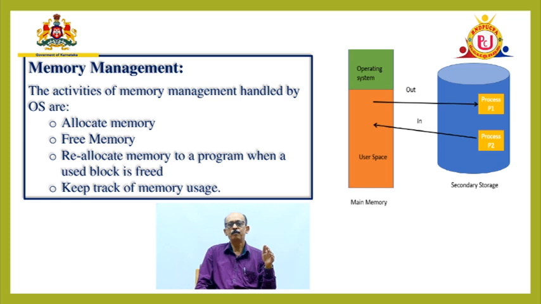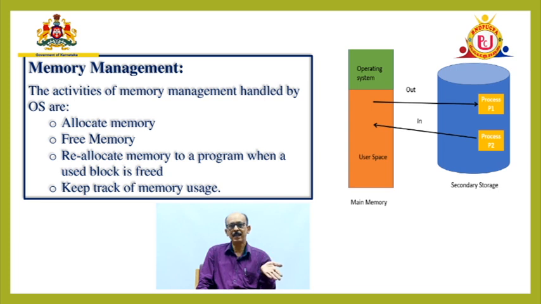The sleeping job should be sent out of the main memory because another job will be waiting for execution. To store that job, it should free this main memory space. That is why this process is performed by the operating system. We call that the swapping process. Swap in, swap out.